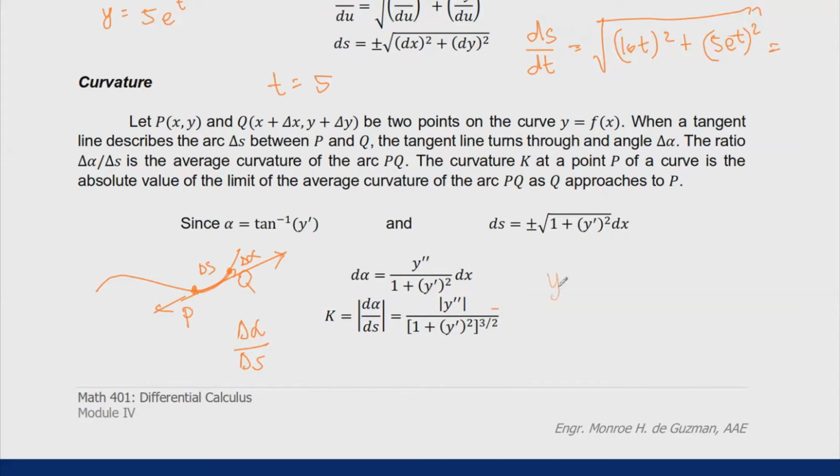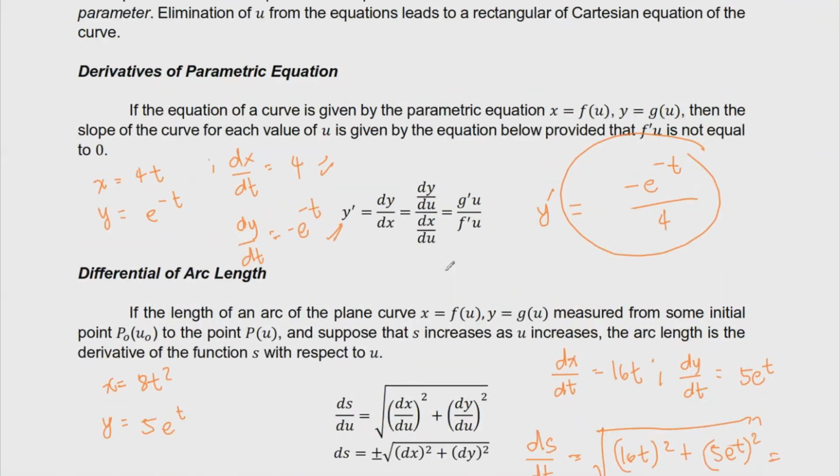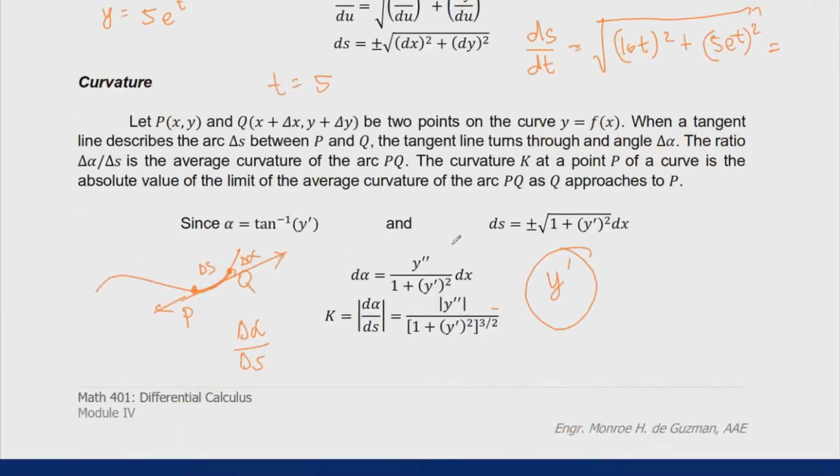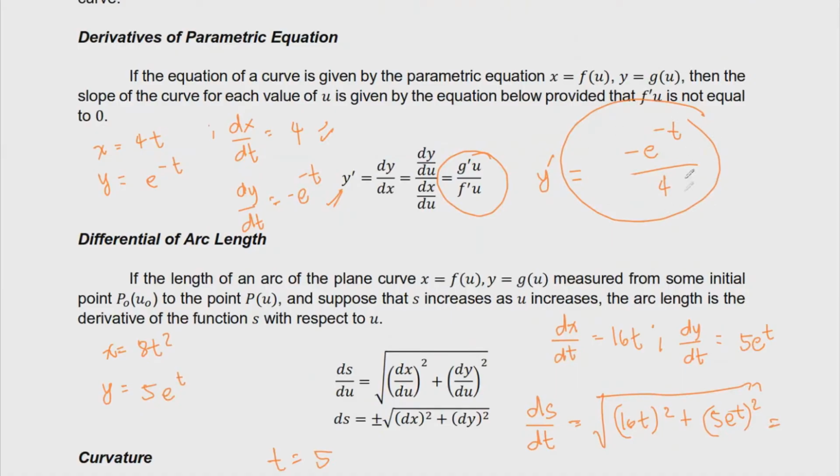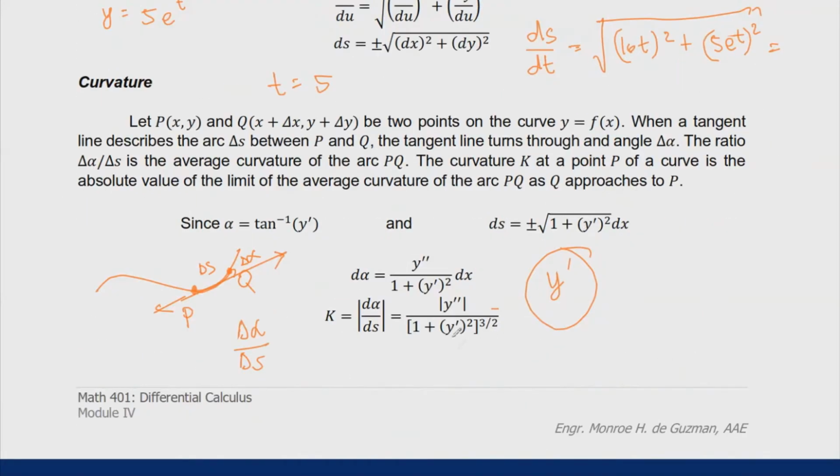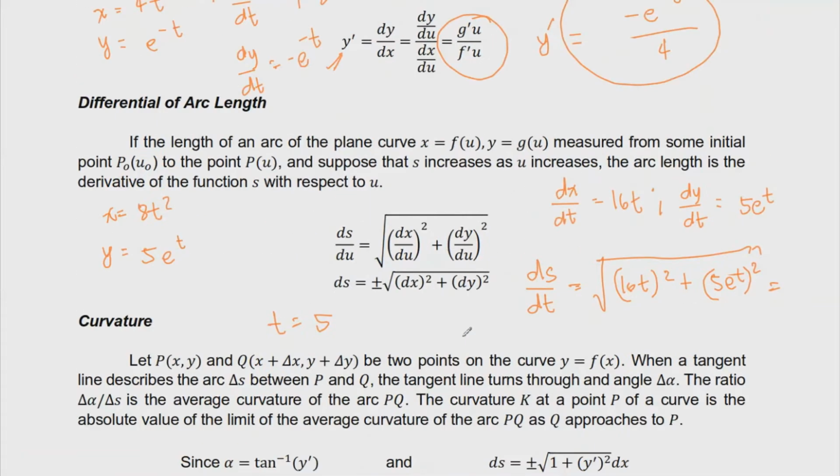So this y prime means that if we have a parametric equation, we go back to this expression, and that is actually the ratio of g prime of u and f prime of u. Imagine this is the slope of the parametric equation defined by these two functions. So we can just plug this into this expression for the y prime when you have a value of t.